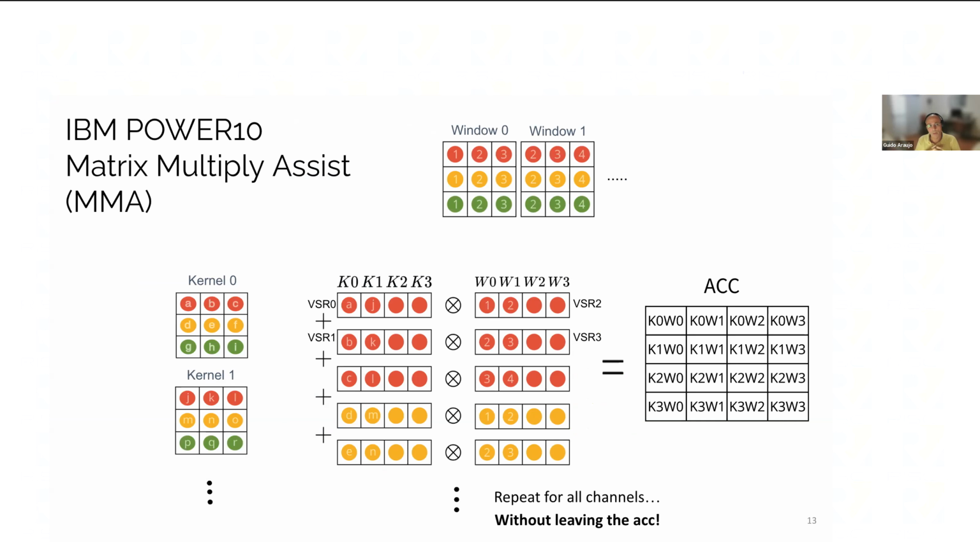All right, so we did this for the Intel x86, and we did this for the IBM POWER10 with matrix multiply assist. This is previous work we did as research together with IBM. The code is running perfectly on POWER10 and it's working smoothly. So how did we do it for the MMA?